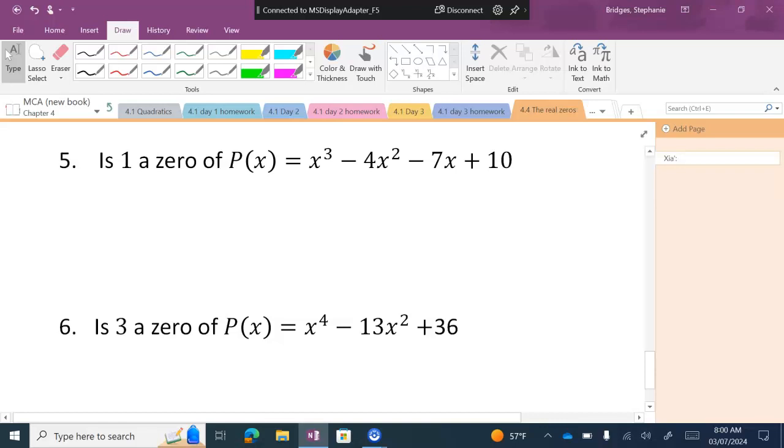If your remainder is not 0, the answer is no. Be careful with 6 when you set up your synthetic division.